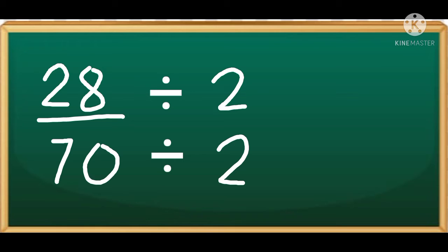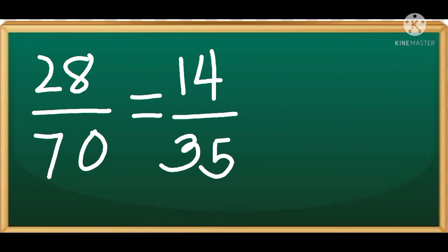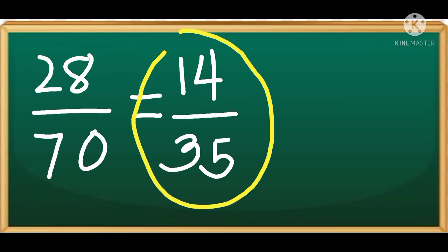Okay, now, let us divide first by 2. 28 divided by 2 is equal to 14, and 70 divided by 2 is equal to 35. So our answer is 14 over 35.